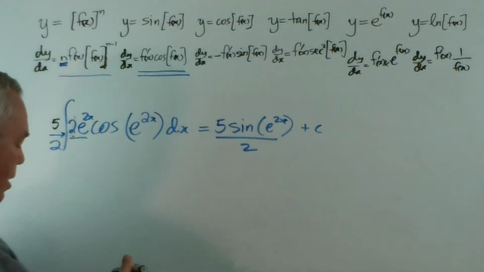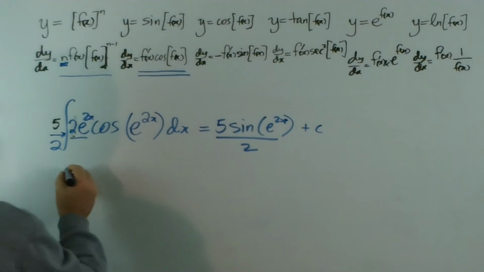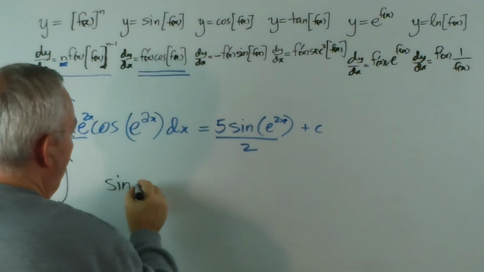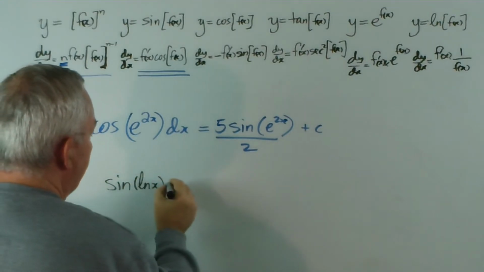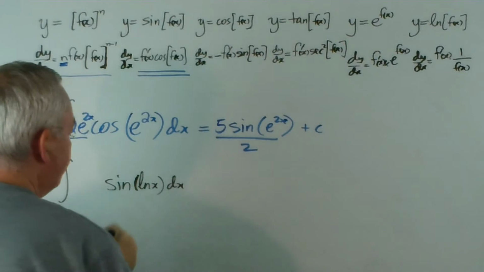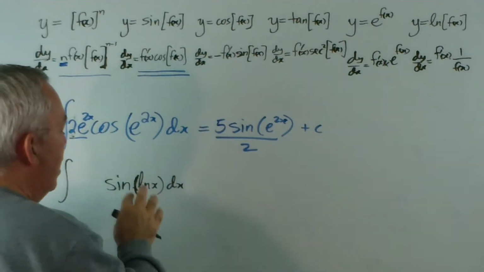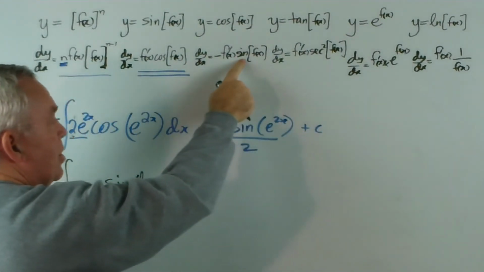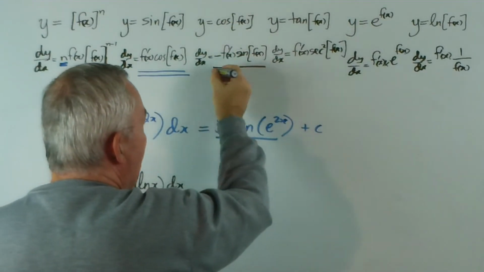So there's that integral. Let's change to black and we'll deal with this. What if we're integrating sine of just log x dx? What if that is our integral? Well again, if I'm integrating sine, I look along here, there it is, there's my sine to integrate, and to integrate it I really want that pattern.